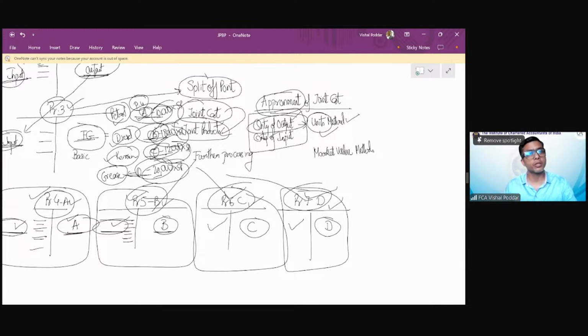Now, when I use this ratio, what will happen? The product like petrol, whose market price is higher, multiplied by the quantity, will get a higher share. Another product which may have a very low market value like kerosene, multiplied by the quantity, will get a lower share.